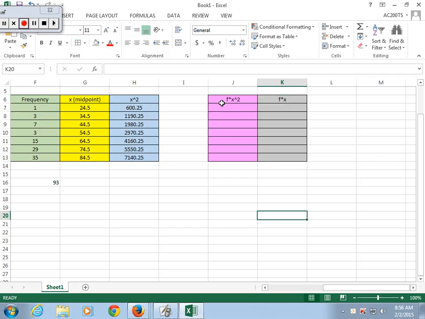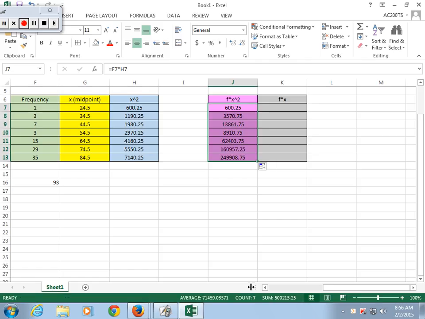Alright, so f times x squared. So I'm going to go over here. Equals f is 1 times x squared. And hit enter. And y'all check your numbers. There's those numbers.